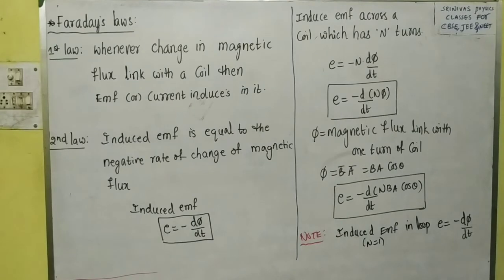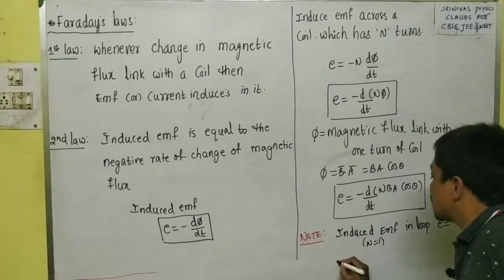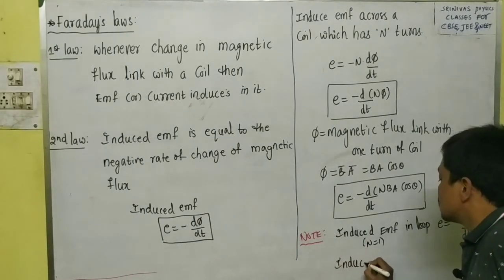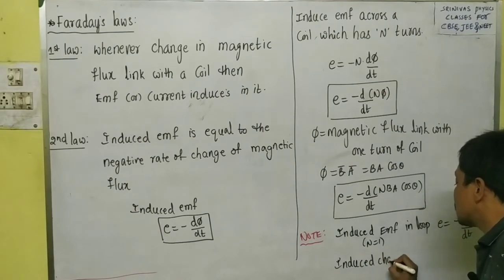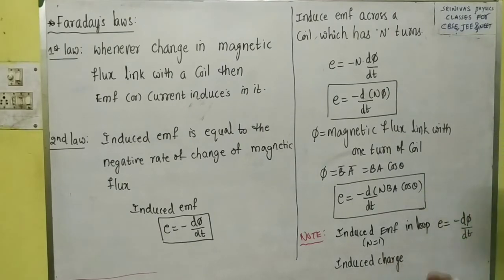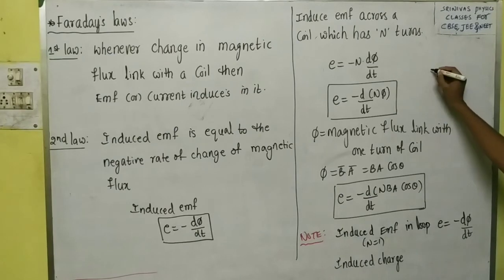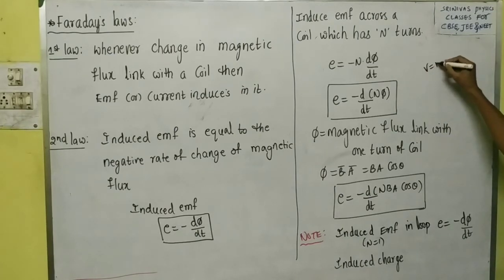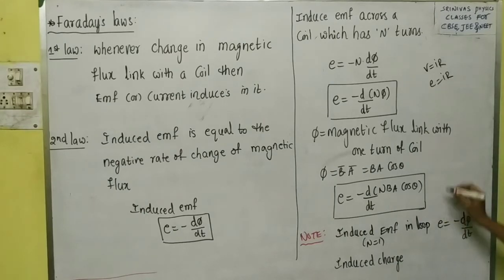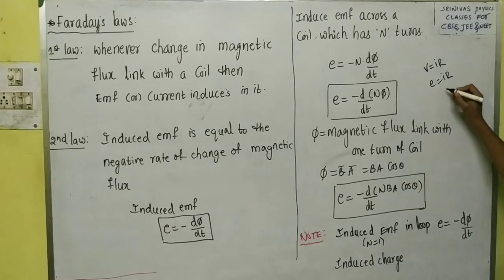Then I want the induced charge. When you know the EMF, how do you get the charge? EMF is nothing but V. V is equal to IR, so induced EMF is equal to IR.